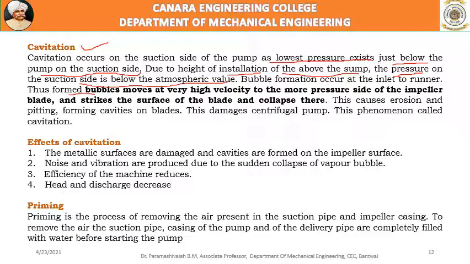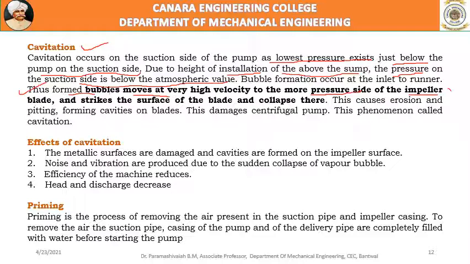If the pressure goes very low, when it is almost vacuum, then the water starts evaporating, bubbling at room temperature also. Here, when the suction pressure is very low, the vaporization takes place, bubbles are formed, and they move at a very high velocity to the high pressure side of the impeller.